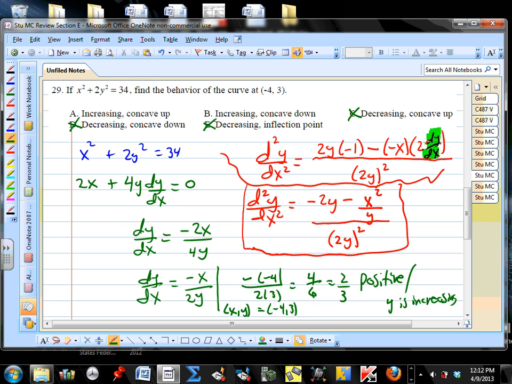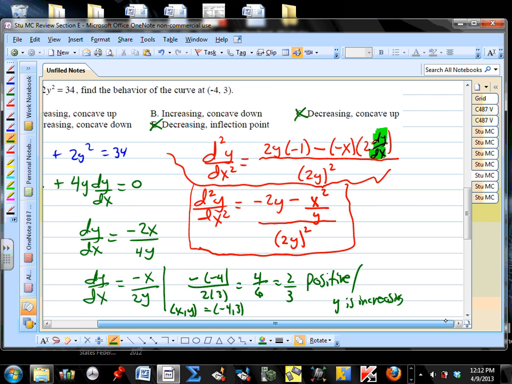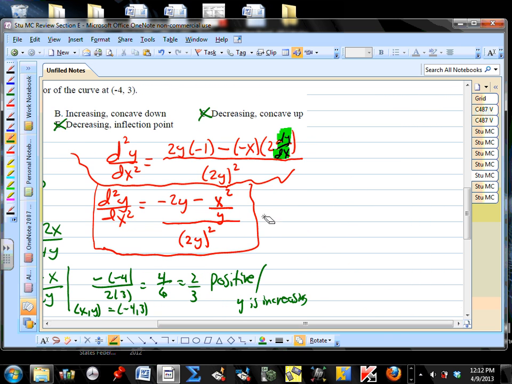Okay. Now let's evaluate this second derivative at the point -4, 3.